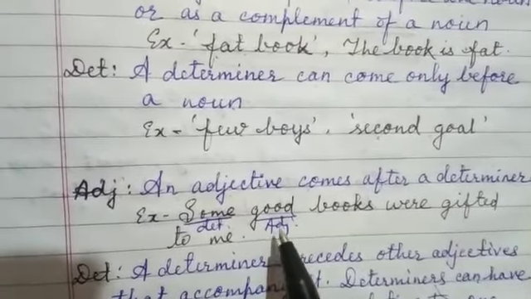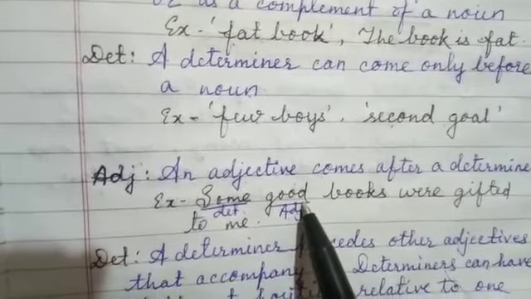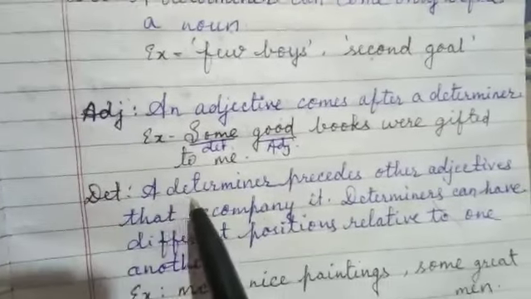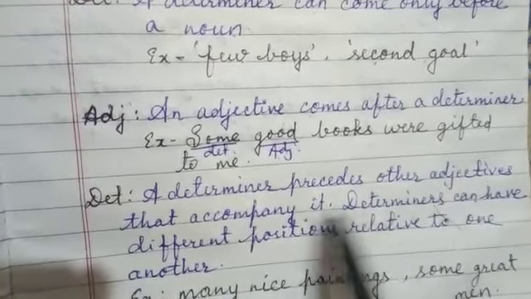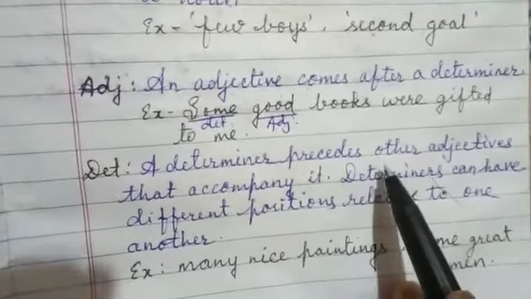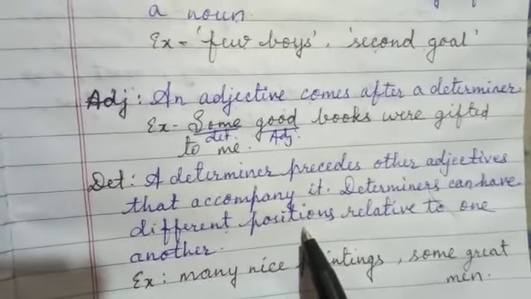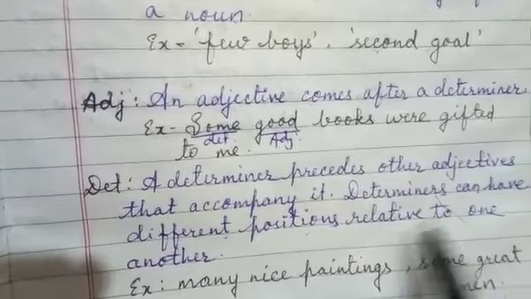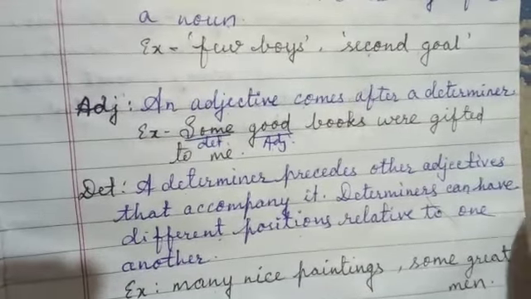So here, this adjective good comes after the determiner. A determiner precedes other adjectives that accompany it. Determiners can have different positions relative to one another. Many nice paintings, some great men, etc.